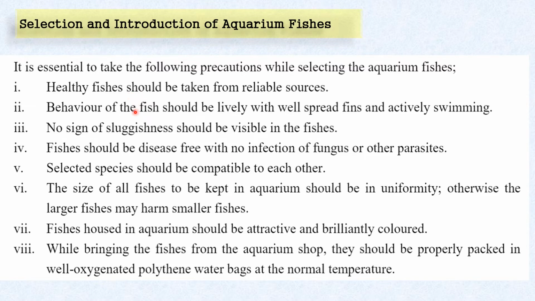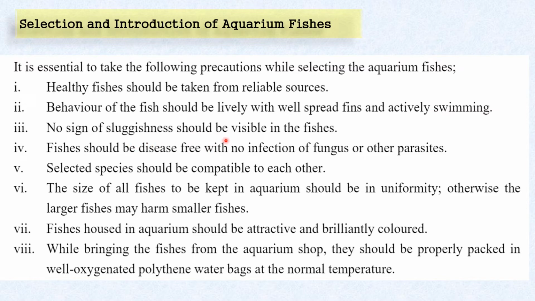Before we buy the fishes, it is better to observe the behavior of the fish, because fish which are very active and have a correct body form indicate the health of the fish. Such healthy fish must be selected for our aquarium.